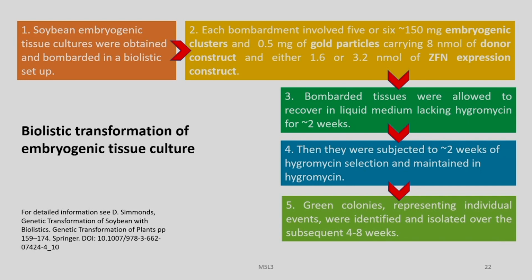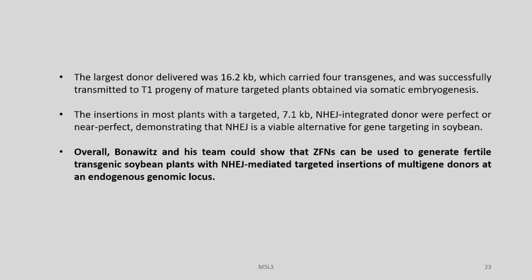The bombarded tissues were allowed to recover in liquid medium lacking hygromycin for about 2 weeks, and then they were subjected to 2 weeks of hygromycin selection and maintained in hygromycin. Finally, green colonies representing individual events were identified and isolated over the subsequent 4 to 8 weeks.